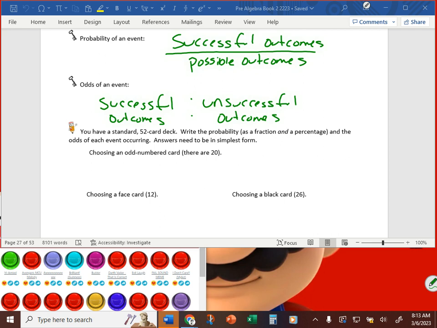So as a probability here, let's start there, which remember is successful over possible. What is the probability of choosing an odd numbered card? How many successful outcomes are there?